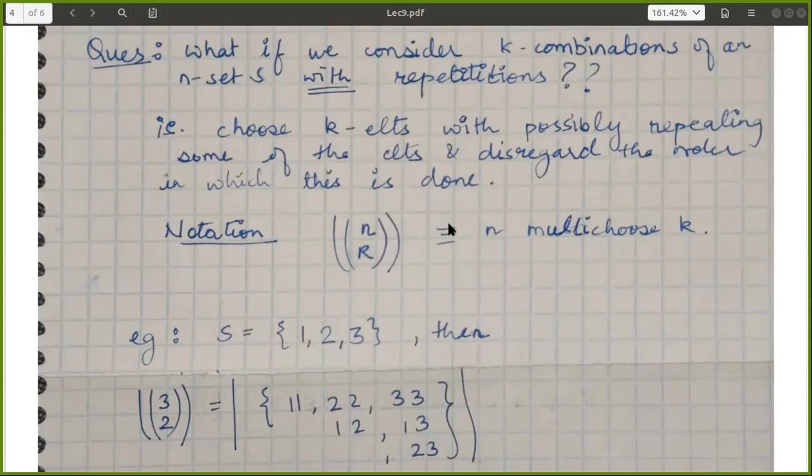So when you were doing n multi-choose 2, it was really an n cross n matrix, and the number of elements in the half diagonal till the corner, so upper triangular, including the diagonal.